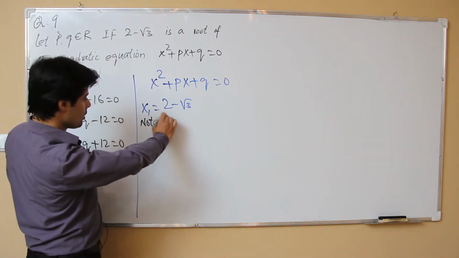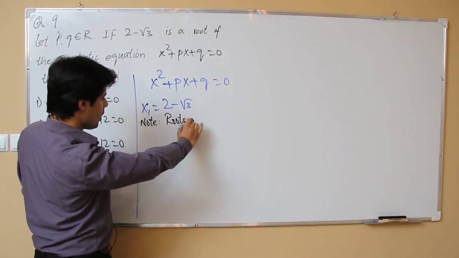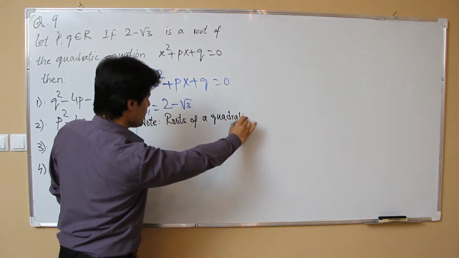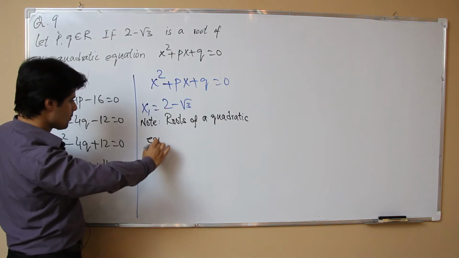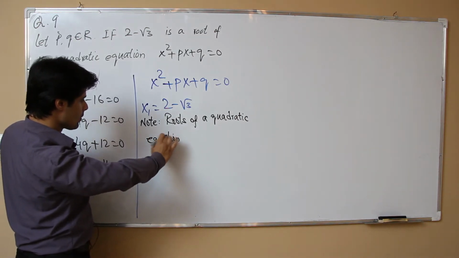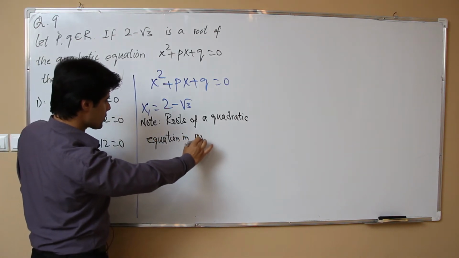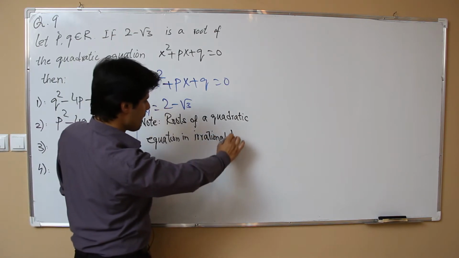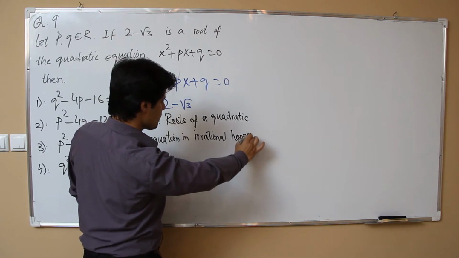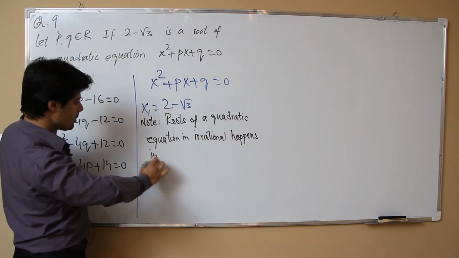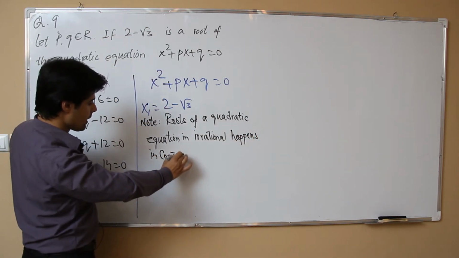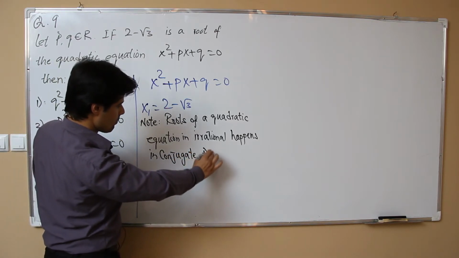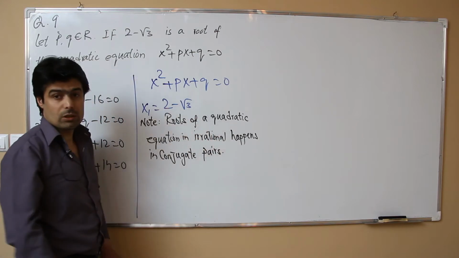What do I mean? The irrational roots of a quadratic equation happen in conjugate pairs.